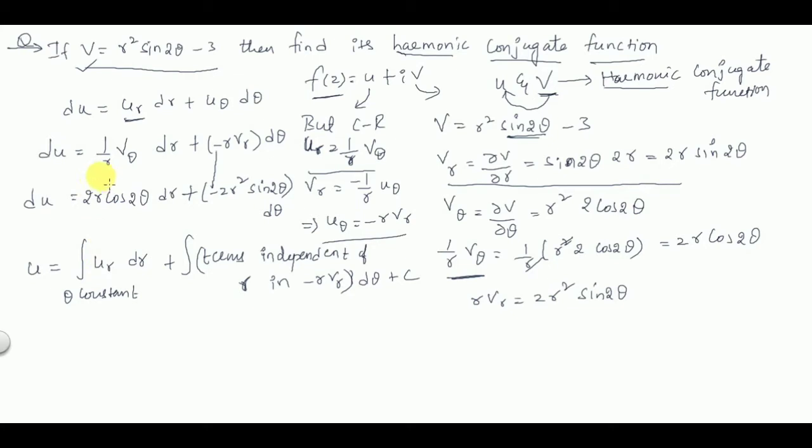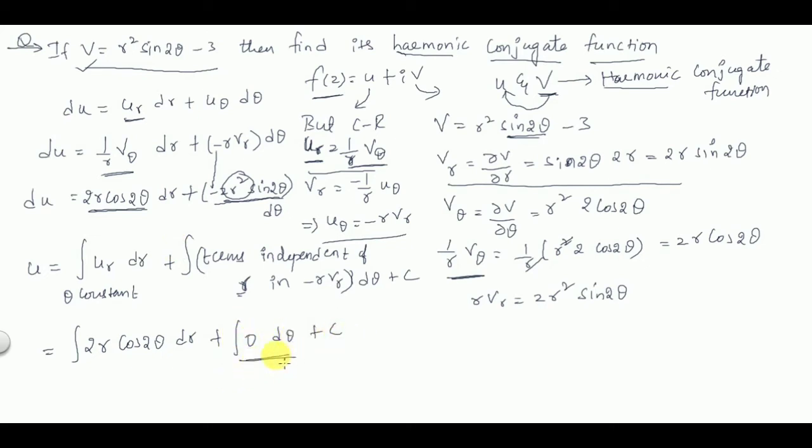In the place of u_r you can substitute 1 by r v_theta also, from the Cauchy-Riemann equations. You can call it u_r or 1 by r v_theta. So it will be the integral of 2r cos 2 theta dr plus terms independent of r. There is no term independent of r, since this one term is present and it depends on r, so it will be 0 into d theta plus c.